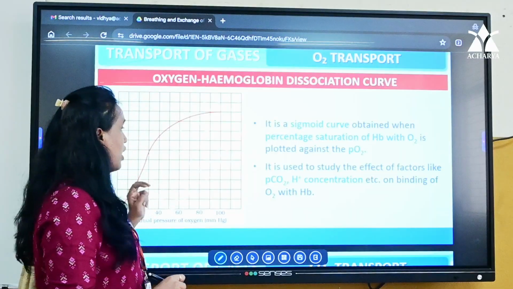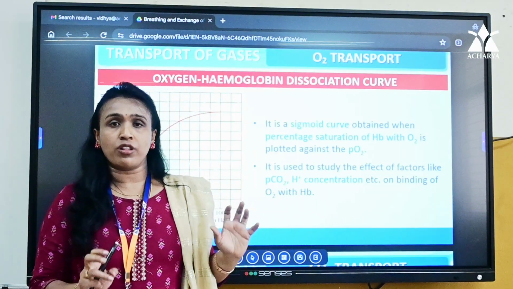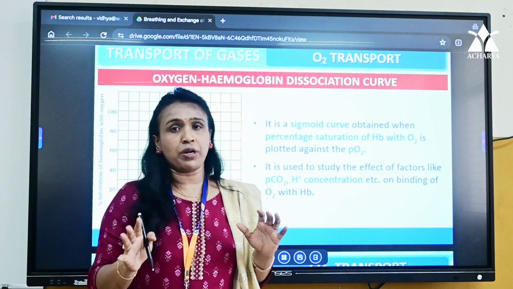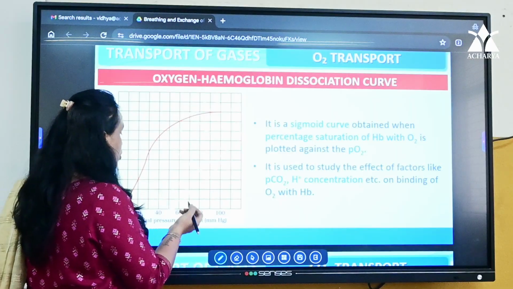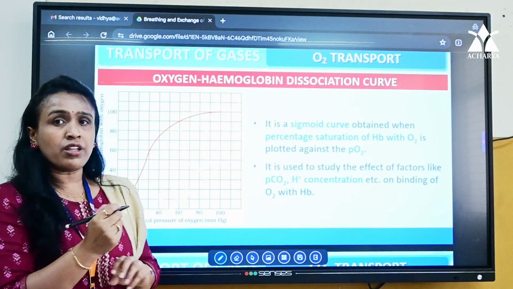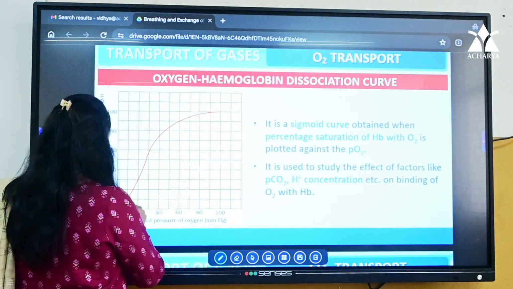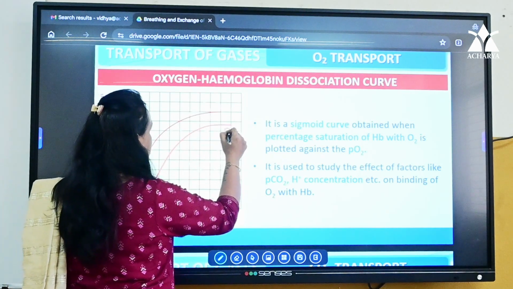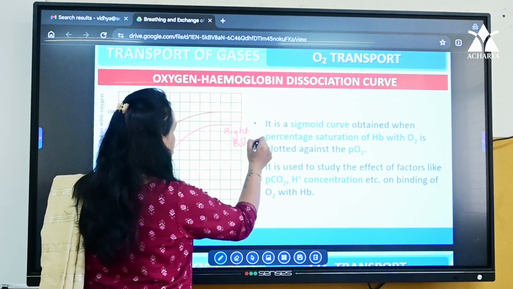It is observed that the dissociation of oxygen mainly depends on the partial pressure of carbon dioxide. Whenever the partial pressure of carbon dioxide is more, the affinity of oxygen decreases, so the curve shifts to the right side. This is completely according to Bohr's effect.